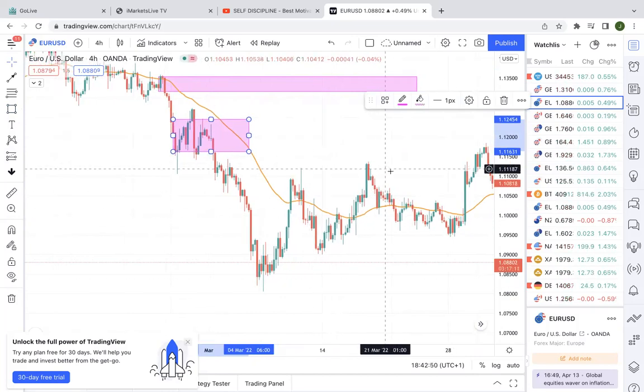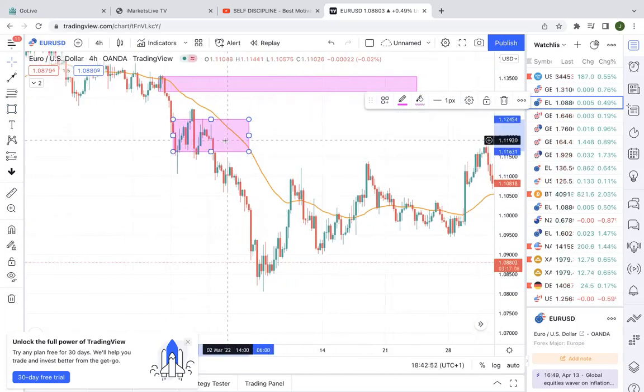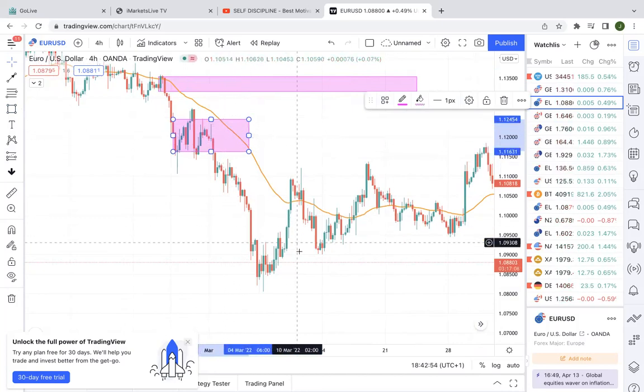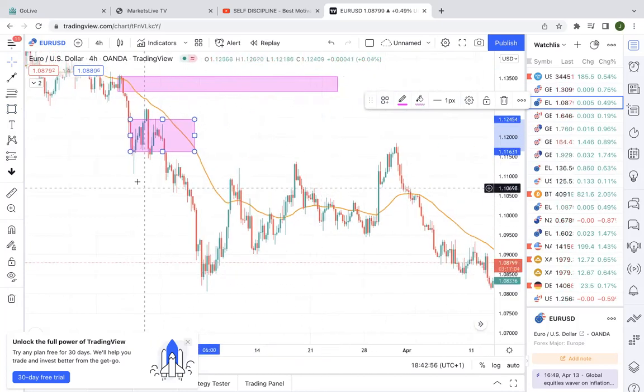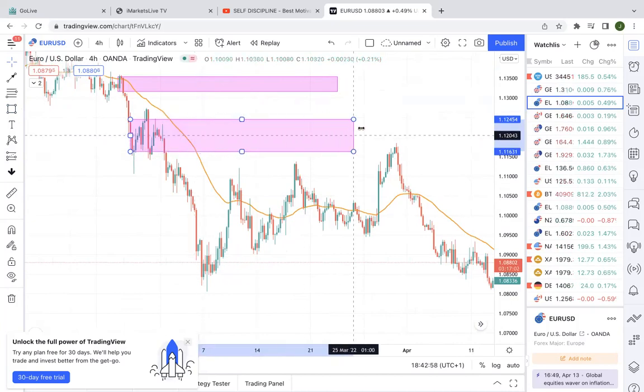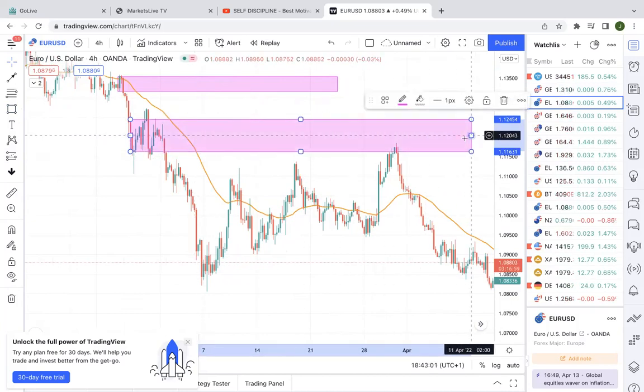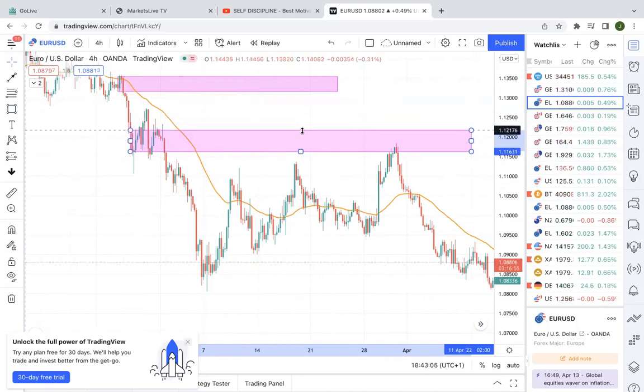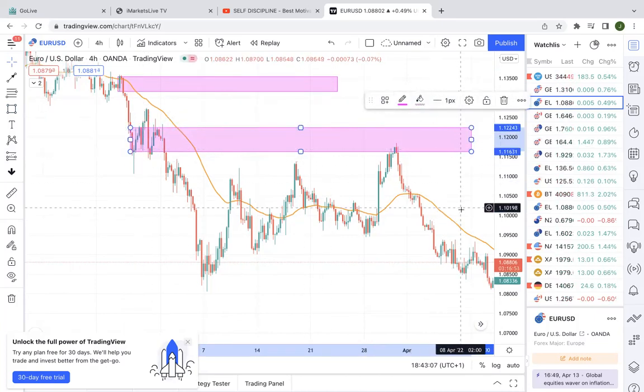How many times have you seen the educator say, okay, if it comes back into this zone, we're going to want it to come back down? And it most definitely did that here. It came back into this consolidation zone, this base zone, and it dropped again.